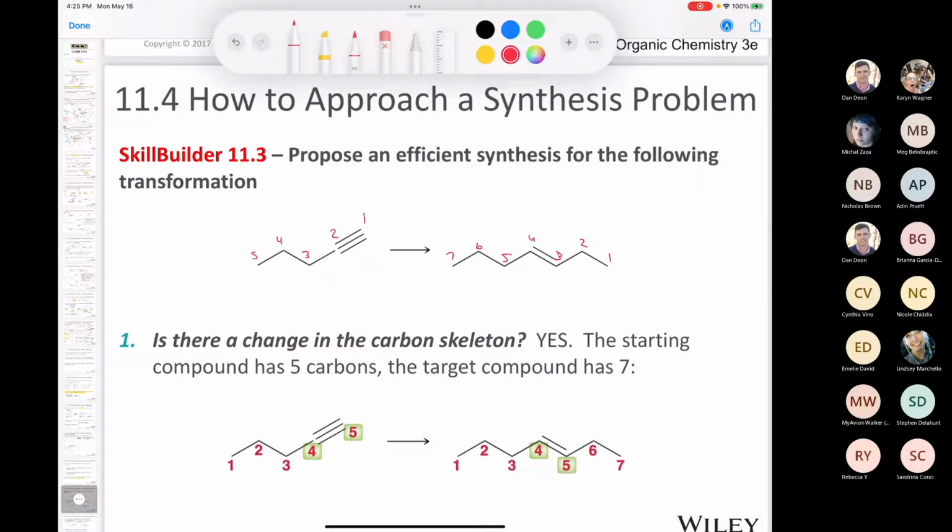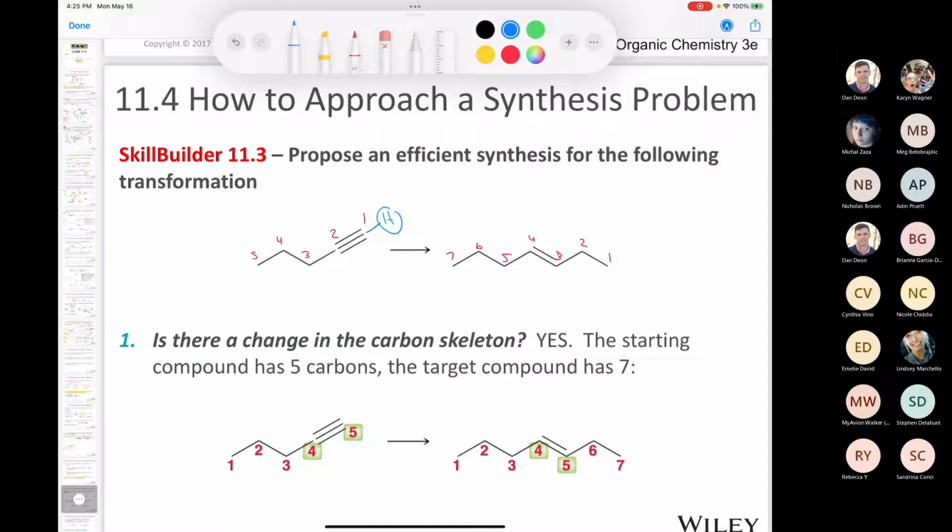So you can see that I'm adding 2 carbons. Well, I was also getting ahead of myself in that hopefully you could identify that we need to add the carbon over here. So we're going to deprotonate the terminal alkyne. We're going to treat it with an electrophilic source of 2 carbons, which would be something like ethyl bromide or ethyl iodide.